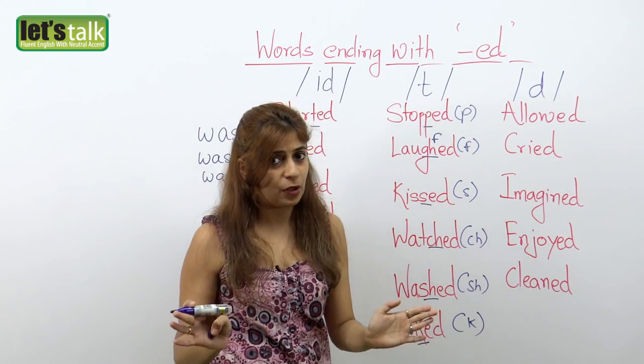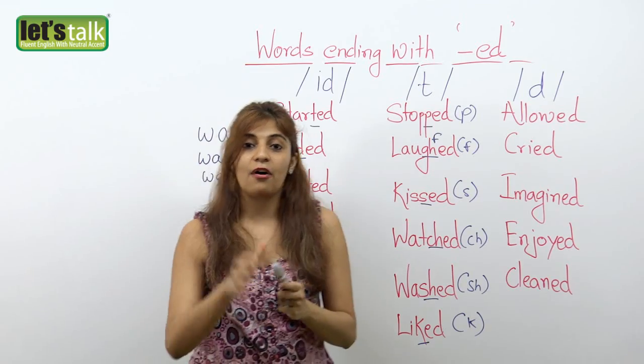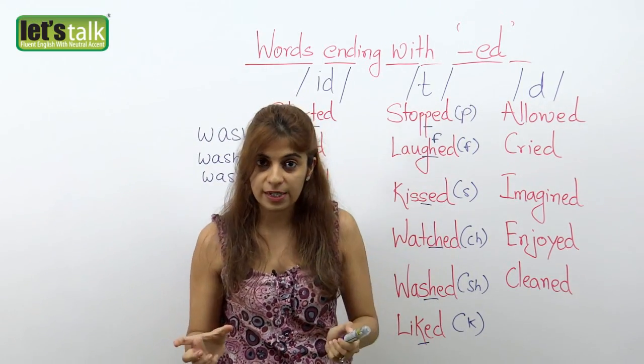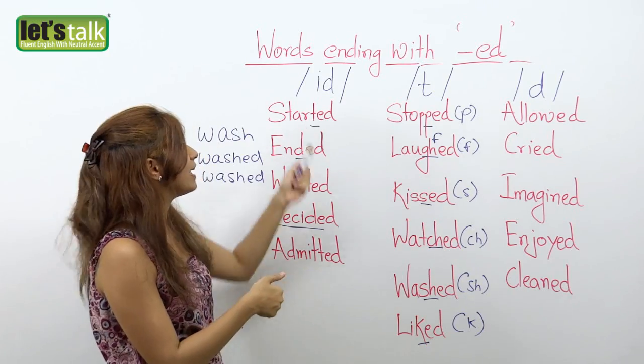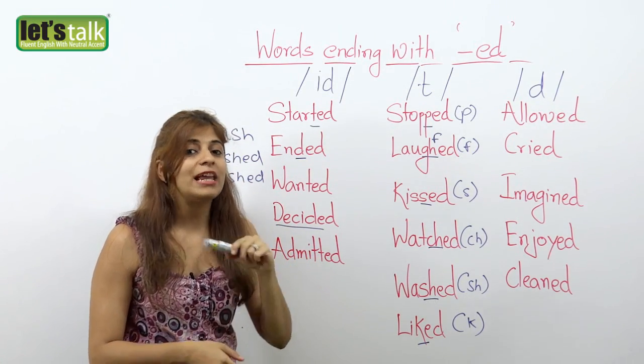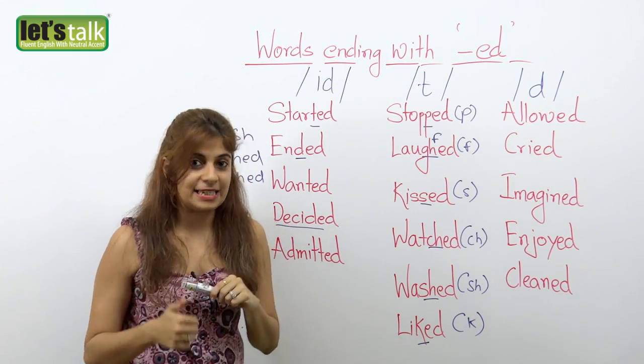That's pretty simple. So the only thing that you need to keep in mind is that there are 3 ways to pronounce the ed at the end of the words. The first one is the id sound, which is only applicable for the words that end with the sound of t and d.